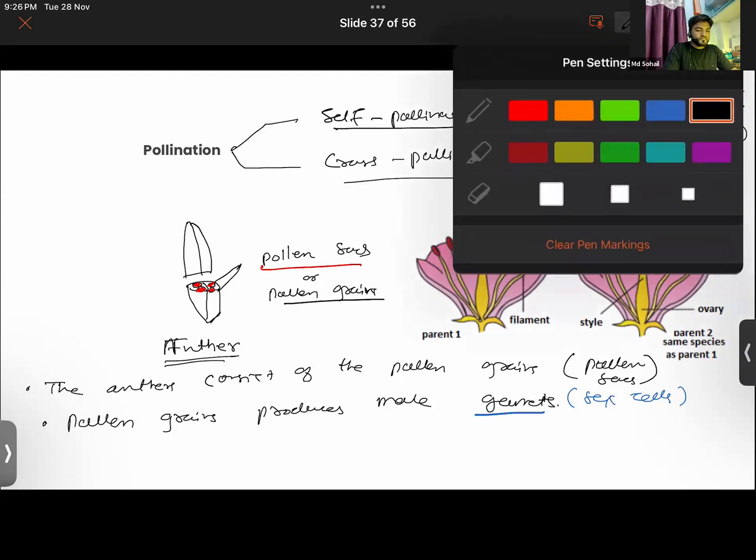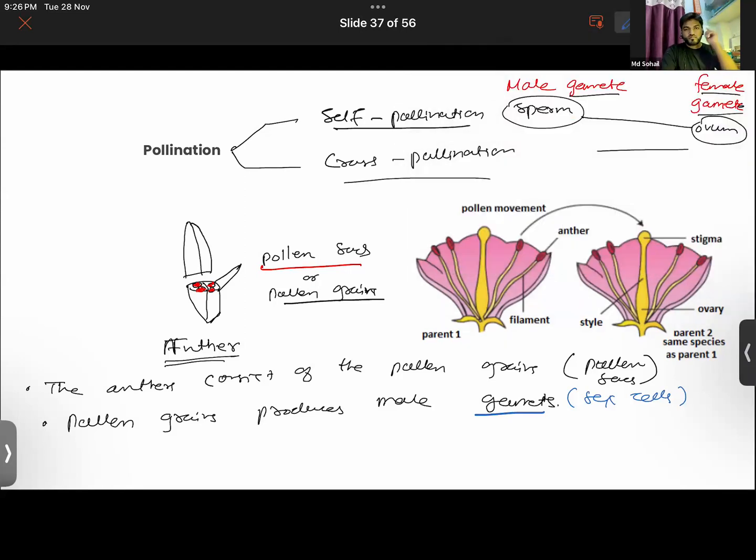Sir, self pollination means the pollination which occurs when pollen from the anther goes to the stigma of the same flower. Yeah, of the same flower. That's basically self pollination. Okay. Sir, the cross pollination. Yeah, Chakrika.